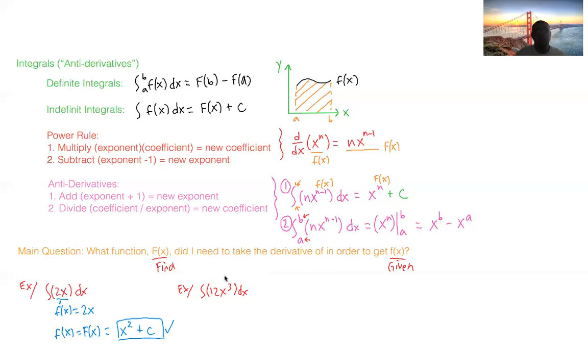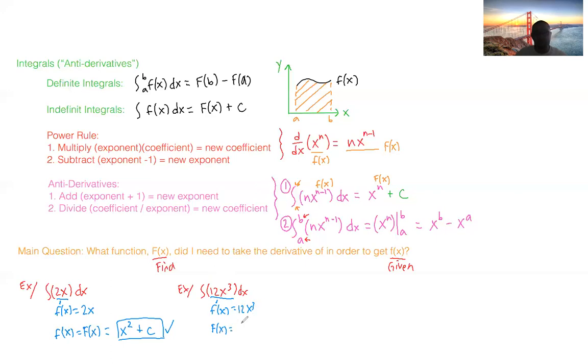Sweet. So if you're looking at this, we again are looking at this as my function, little f of x, is equal to 12x cubed. And based on what we talked about up here, this is my f prime x, because we are asking what is the function big F of x that I need to take the derivative of in order to get this function.